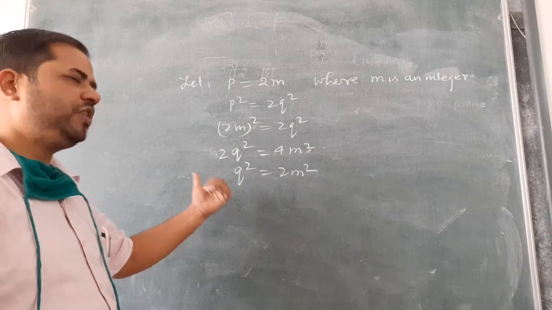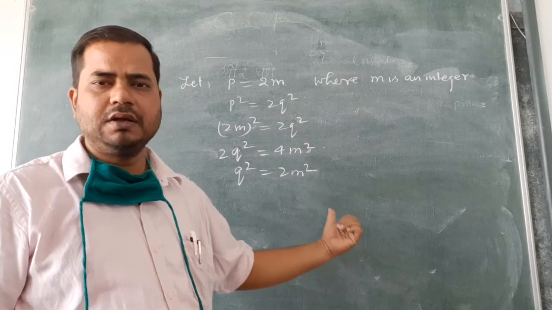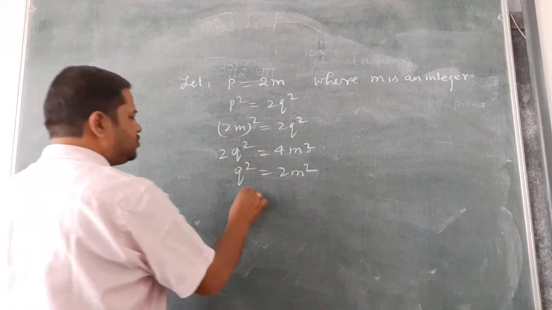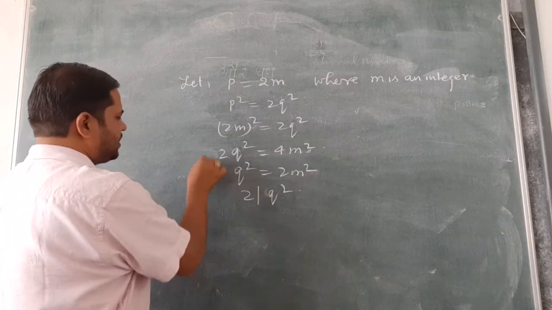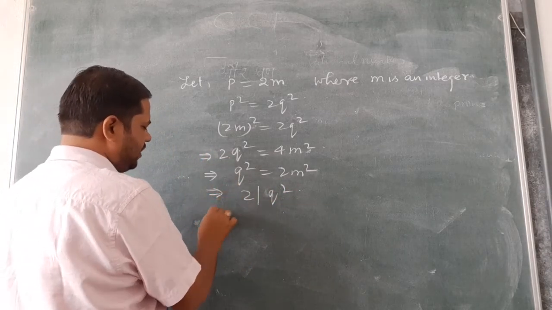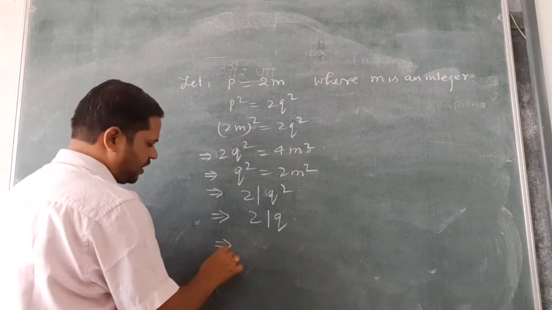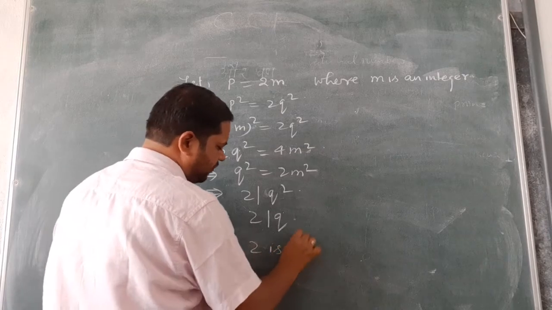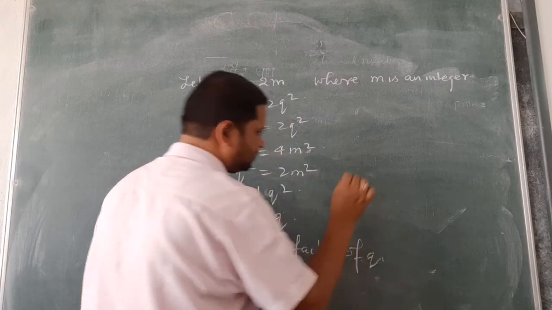As p square is equal to 2q square, 2 divides p square. In the same manner, 2 divides q square. From this result, 2 divides q square, and then 2 must divide q. This implies 2 is a factor of q.